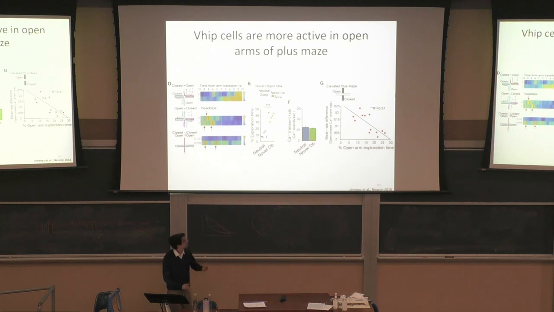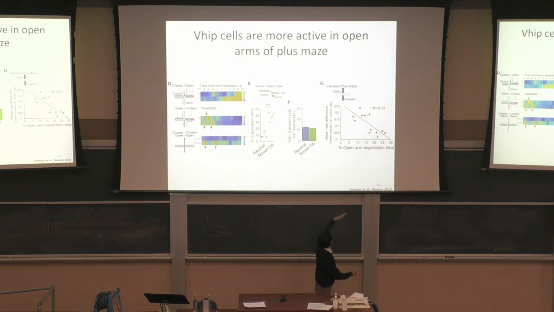Okay. And then they do this very cool thing here, which is trying to see if the neural activity patterns they saw across mice correlates with each mouse's individual tendency to be more or less anxious in this maze. So what they plot on the x-axis is easy to understand, which is how much each mouse explored the open arms.